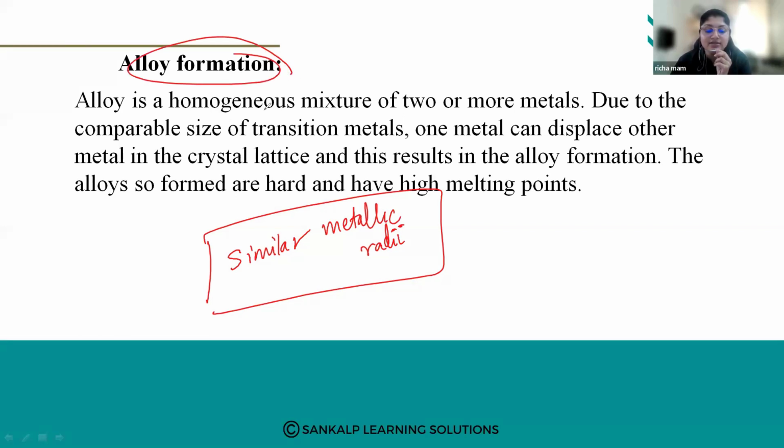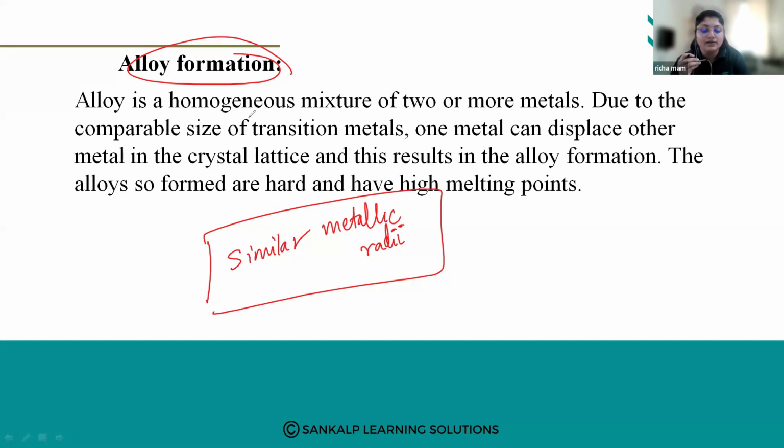For example, in stainless steel, ferrous alloys, chromium, palladium, molybdenum and manganese are used for the production of a variety of stainless steels.